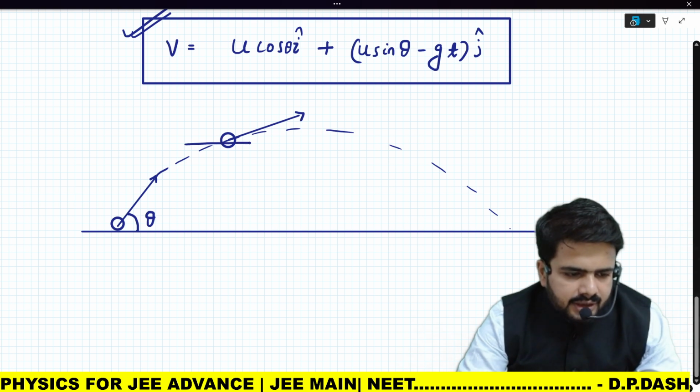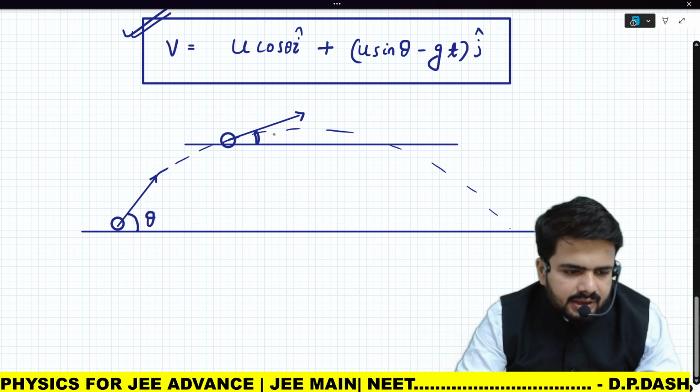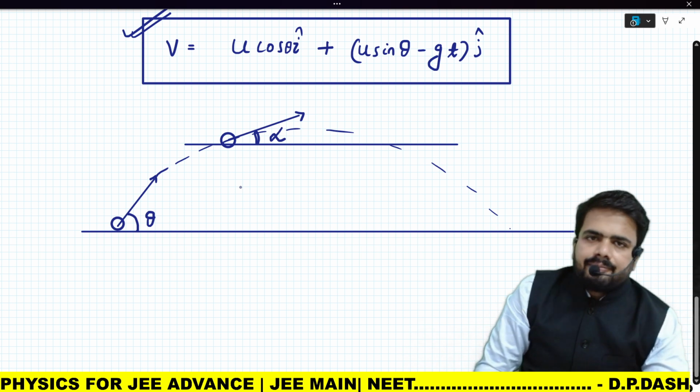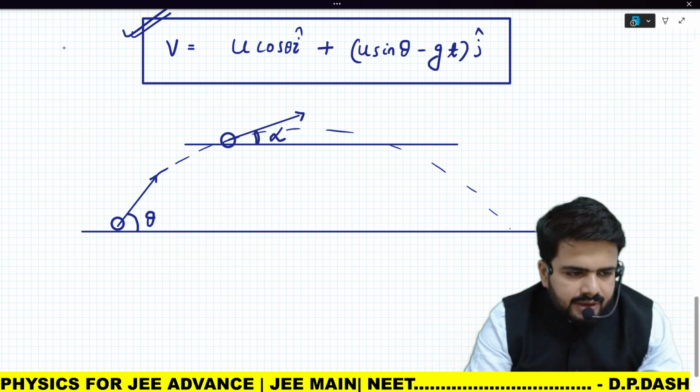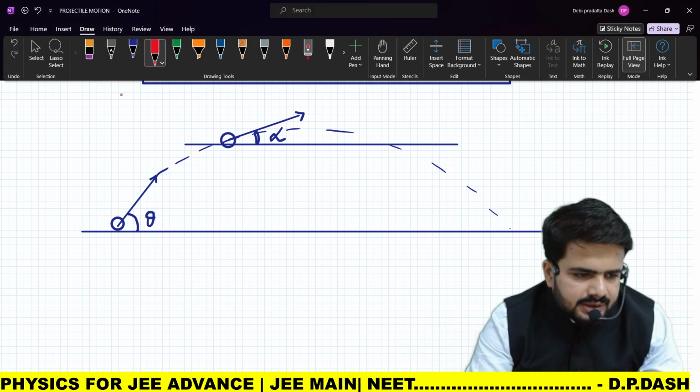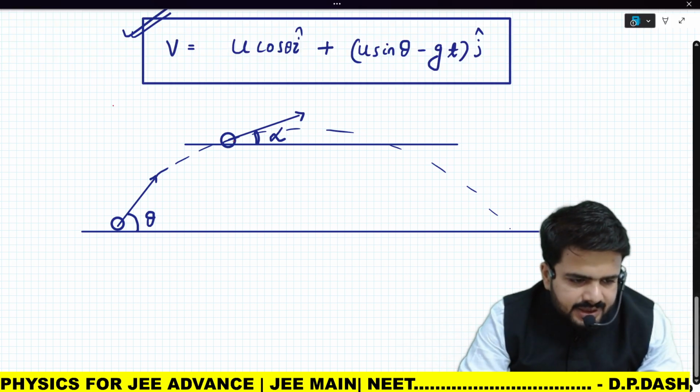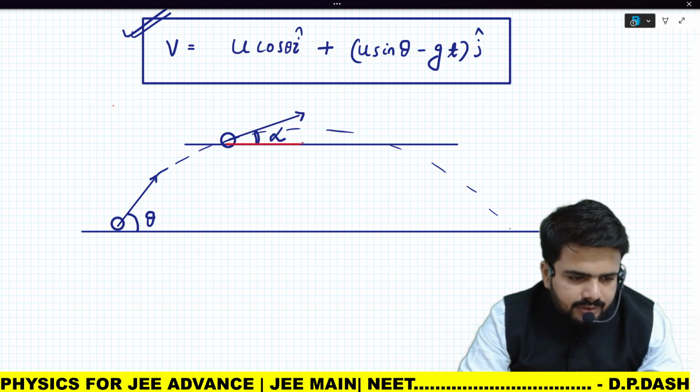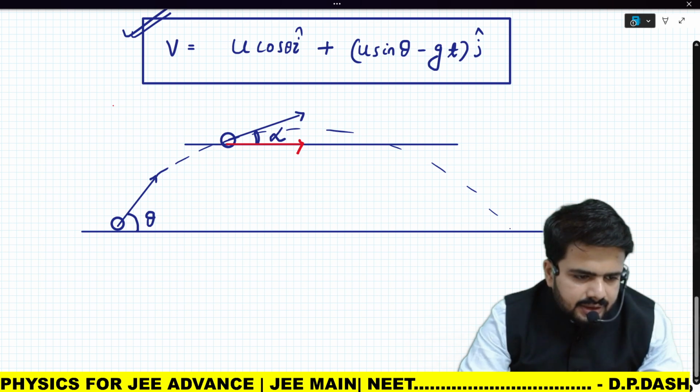If I draw a horizontal line here, I'll get some other angle which is not equal to theta. This angle is called alpha. How can I find this alpha angle? At this moment, I have two components of velocity.